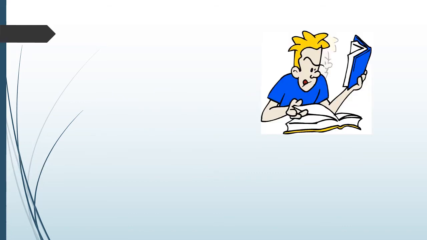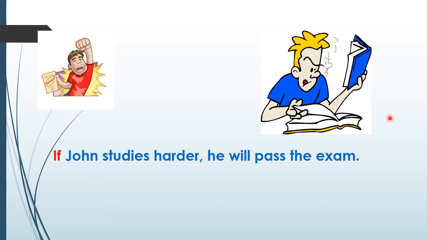Now here we have another example. So what do you see here? You have a boy, a student is studying hard, he is revising his lessons. Maybe he has an exam the next day. So of course if he revises well, he's going to succeed.